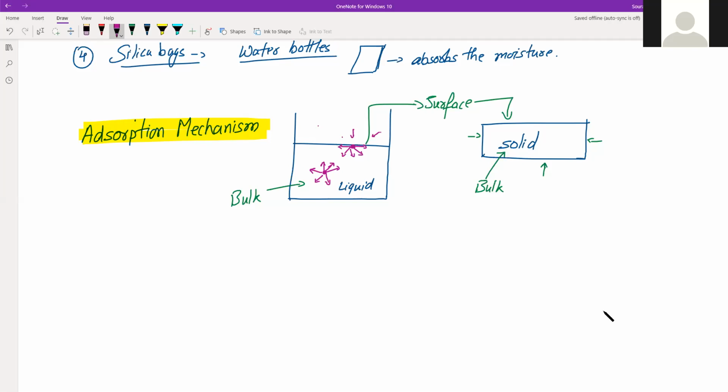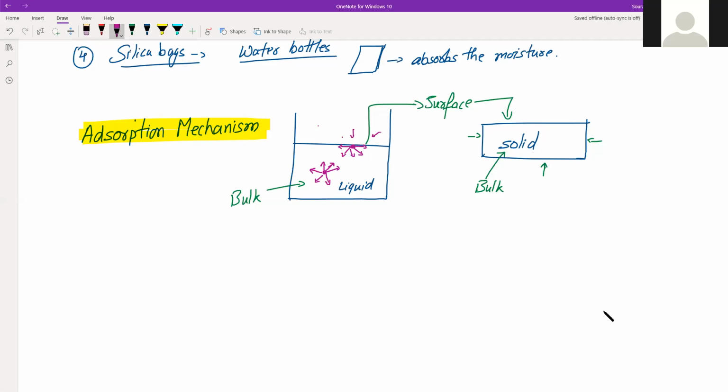Right? So as a result, these molecules lying at the surface experience a net inward force of attraction, which causes surface tension, which you must have studied in the physics fluids chapter, last year.